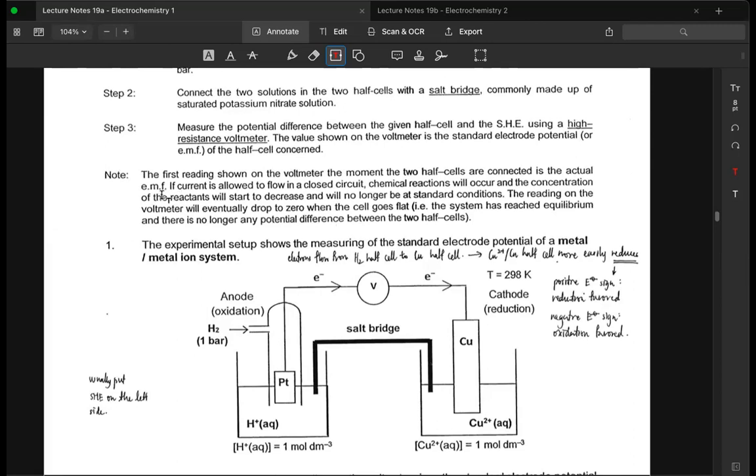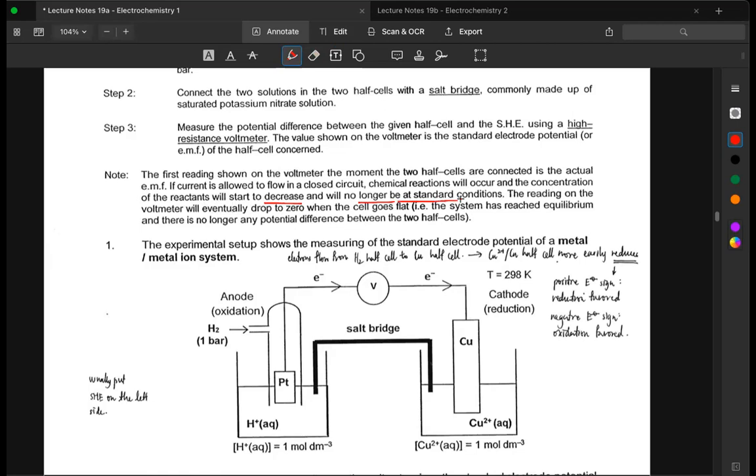If current is allowed to flow in a closed circuit, there will be chemical reactions taking place, and over time the concentration will start to decrease. This is the reason why once you connect, you should immediately take the reading, because subsequent voltage readings will be smaller.